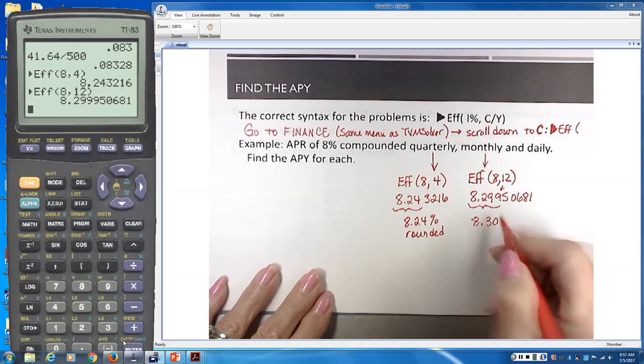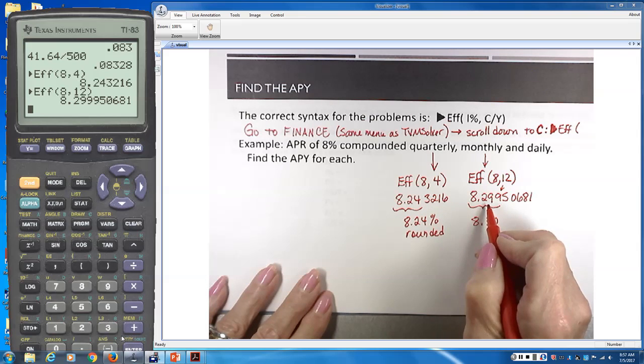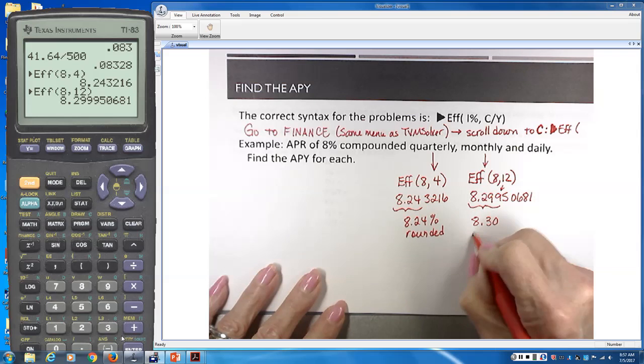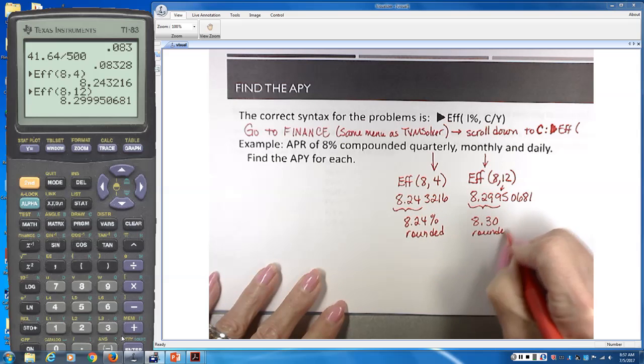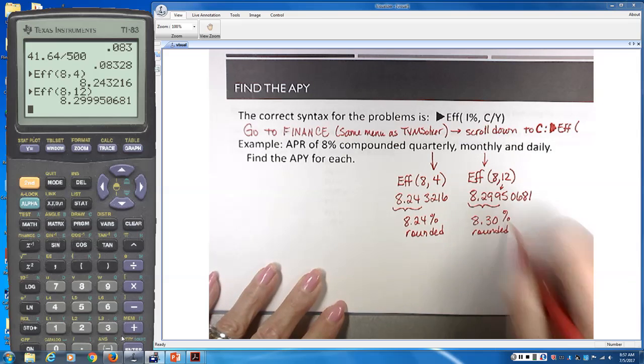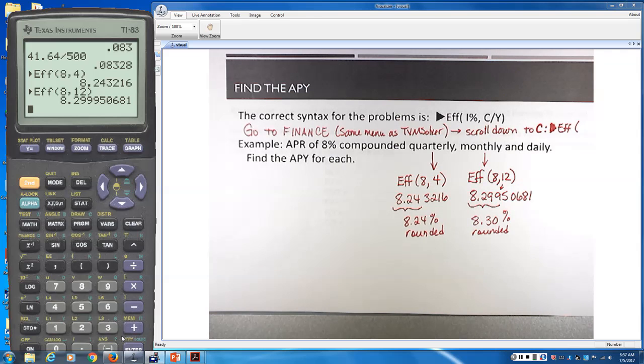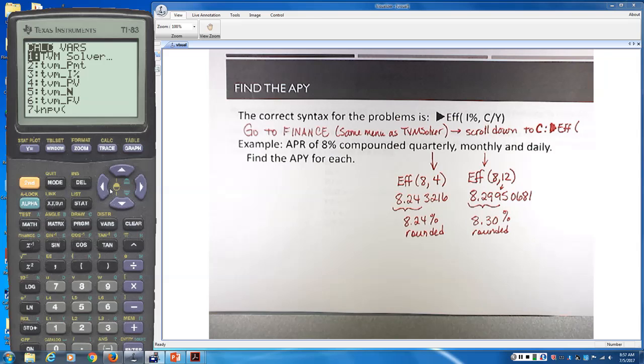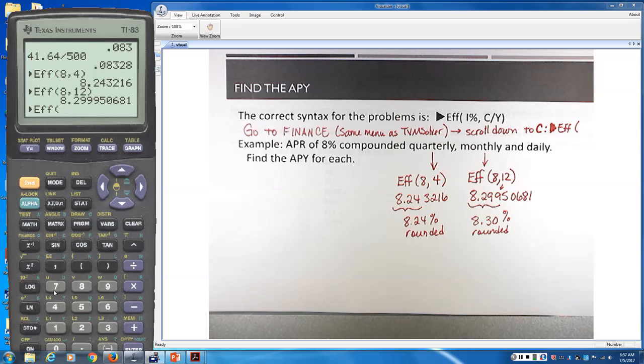Looking at this 9 says raise 0.29 up to 30. And then daily, it would be 8, 365.